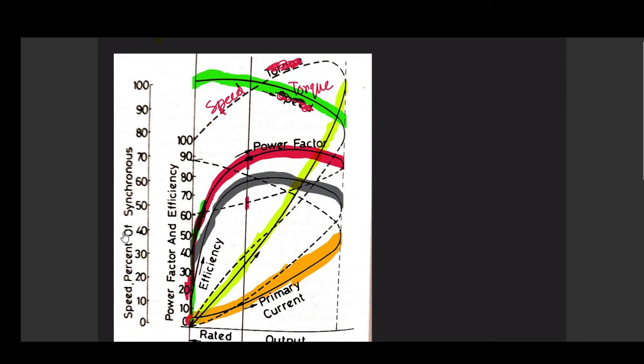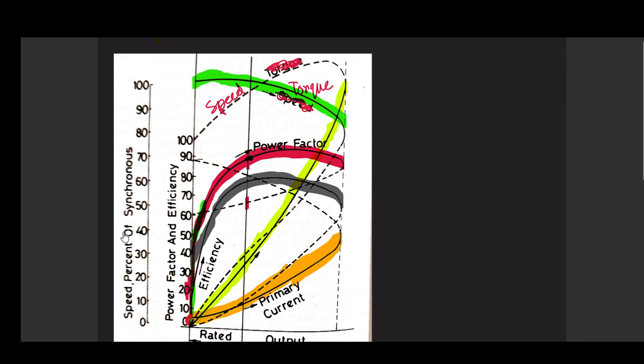You cannot help it. For a given machine, if you have two regions, stable and unstable, efficiency is always better in the stable region.